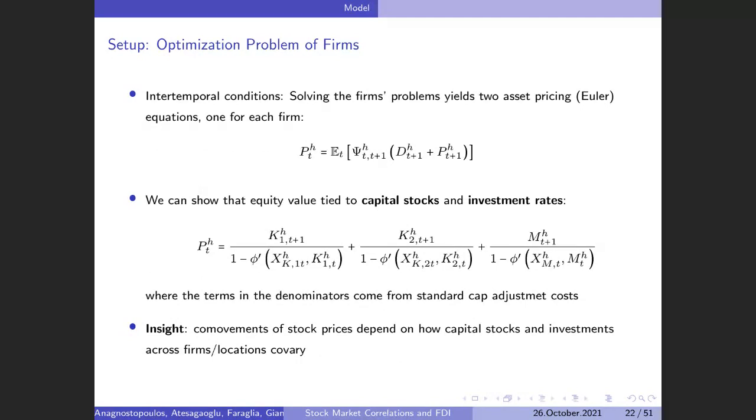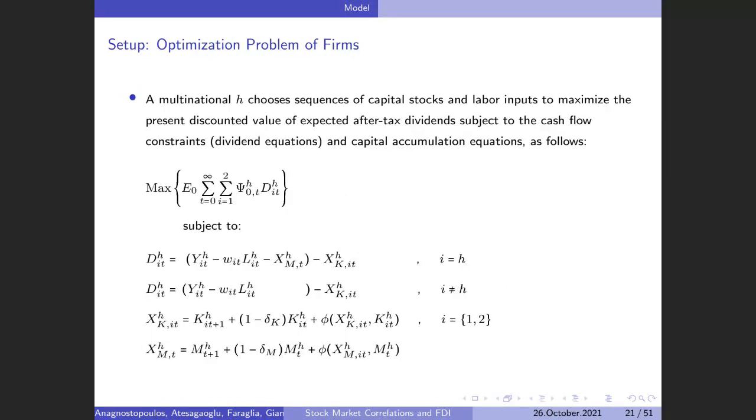The stock price of a multinational can be written in terms of the capital stocks, the investment levels, and the adjustment cost function. These three things will determine the price of a multinational. Now, as you can see here, the price of a multinational is affected by dividends, right?